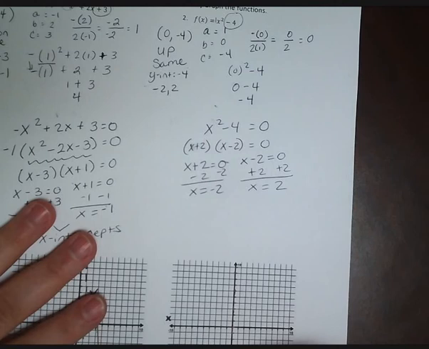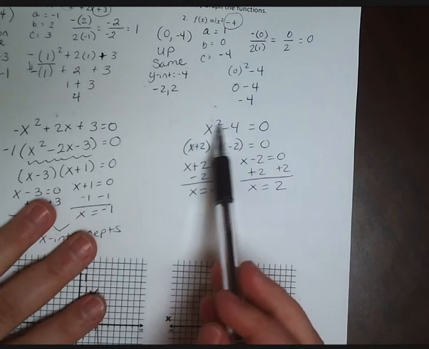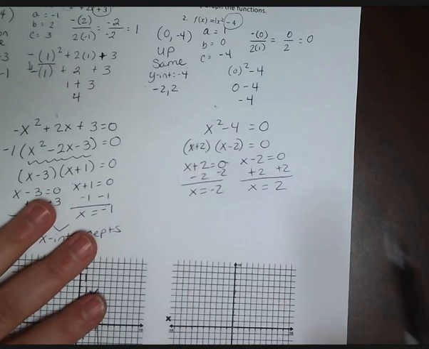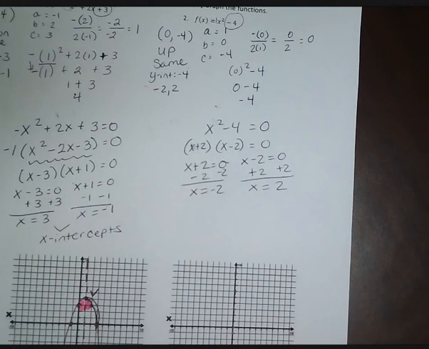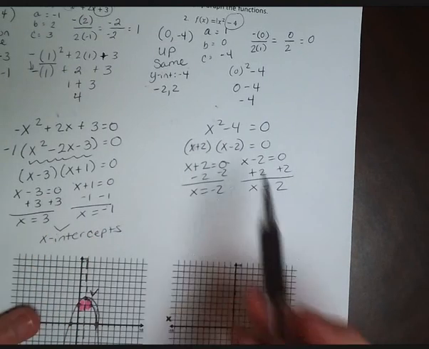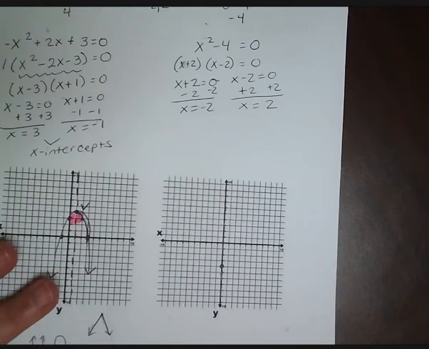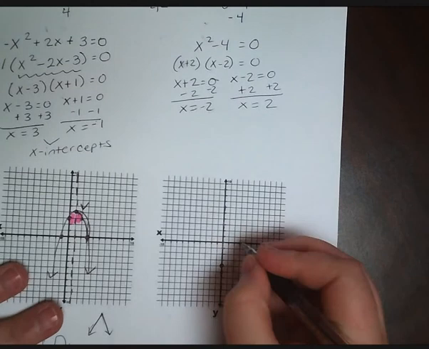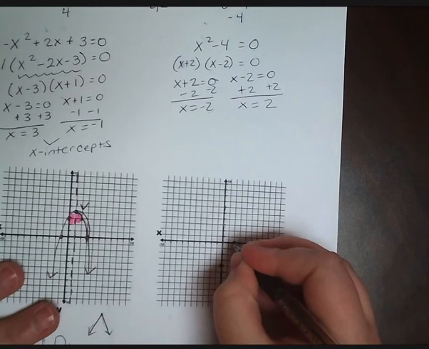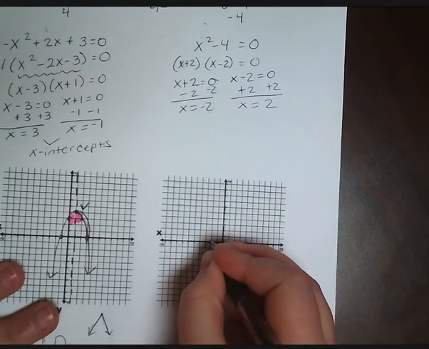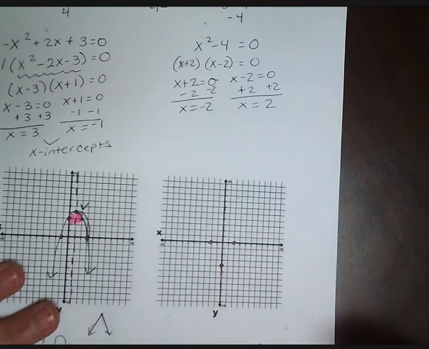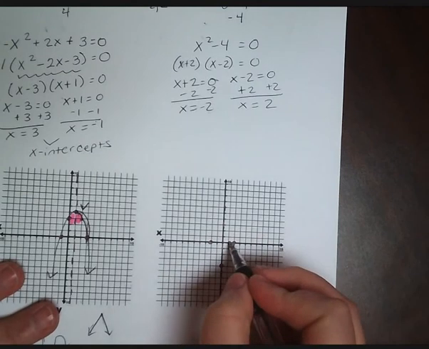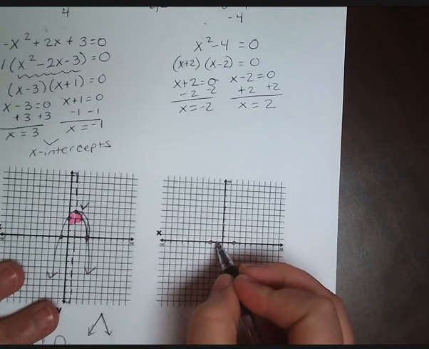That is a situation when you have to use this factoring method, and you have to use your x-intercepts because your y-intercept and your vertex are the same. So what we're going to do is plot our x-intercepts at positive 2 and at negative 2. And notice that they are both 2 places away from our axis of symmetry.